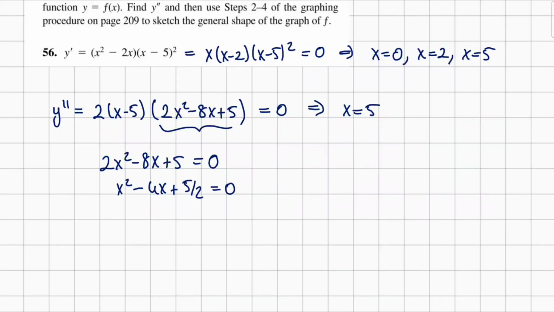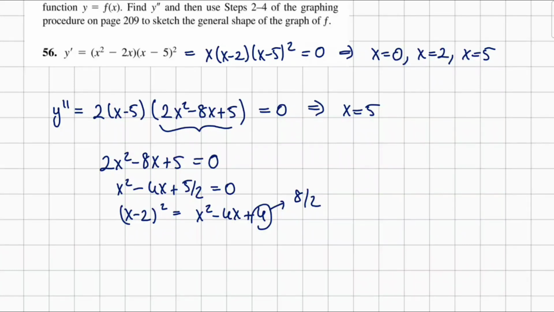And I want to solve this by completing the square. I know that x minus 2 squared is x squared minus 4x plus 4. And to match my expression, I look at the constant here. I want 4, but I have 5 over 2. And 4 is just equal to 8 over 2.